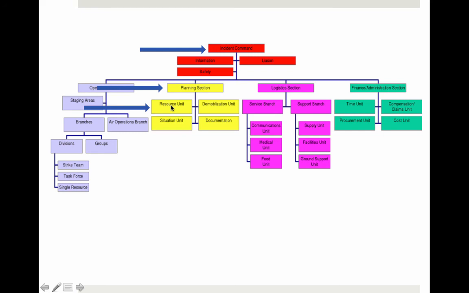In other words, the resource unit leader doesn't report to the plan section chief and to the logistics section chief. That would not be unity of command. There's only one person that each person reports to. And then ultimately, the idea of unified command means that the incident might be of such a nature that it requires both police and fire to kind of be running the thing jointly. And in that case, you have unified command.